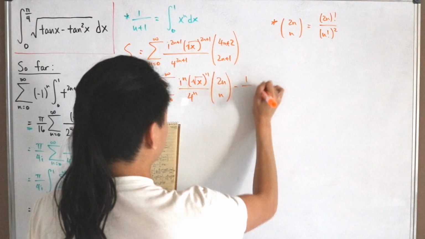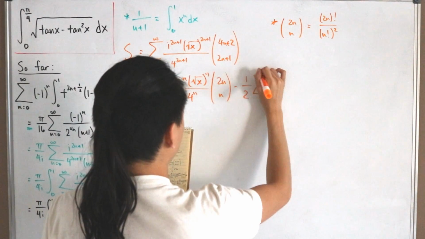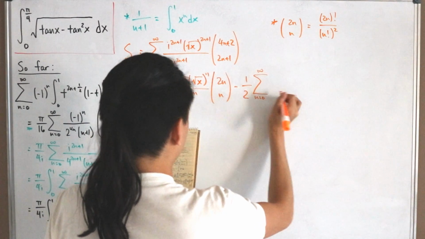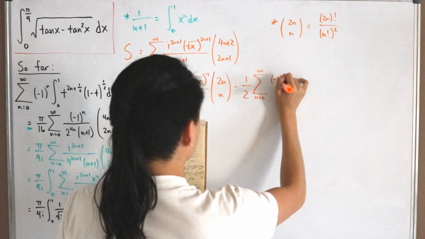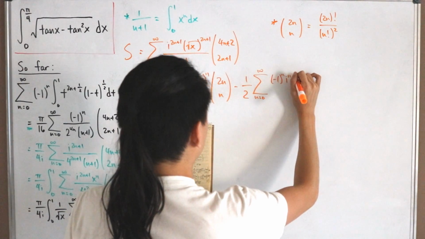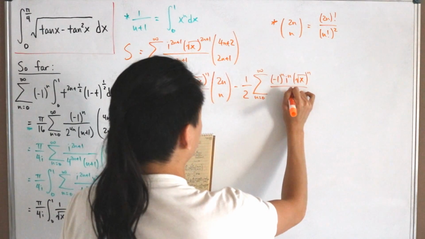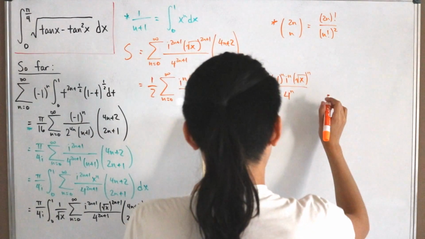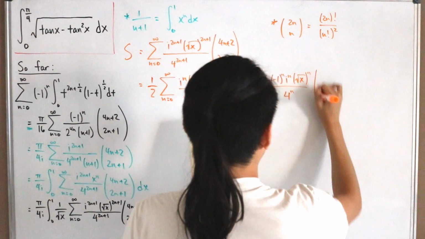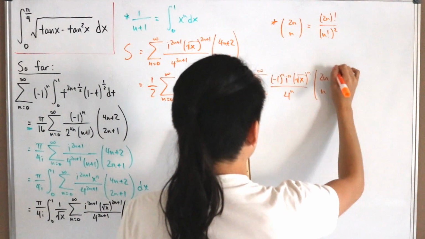Then subtract 1/2 multiplied by the infinite sum, n equals 0, of negative 1 to the power n multiplied by i to the power n multiplied by the square root of x to the power n divided by 4 to the power n, multiplied with binomial 2n choose n.